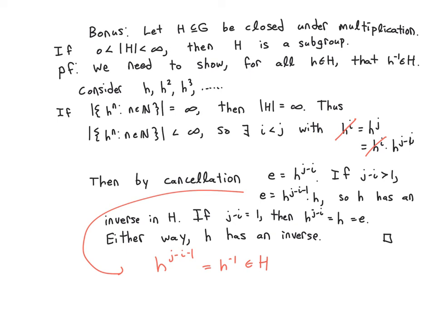The reason why I point this out is for historical reasons as well. The original definition of a group did not include the concept of inverses because it turned out that they were working with subsets closed under multiplication, and they were always finite subsets.